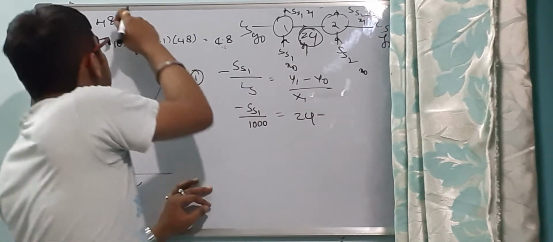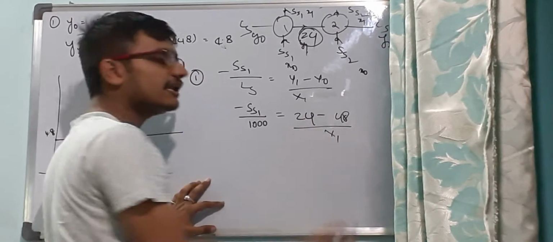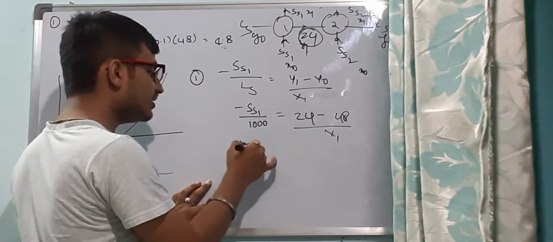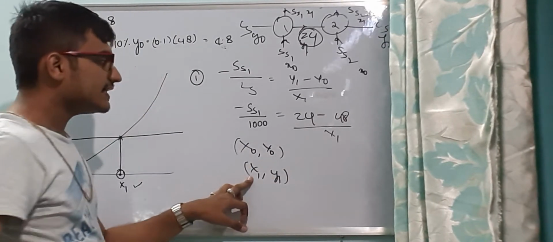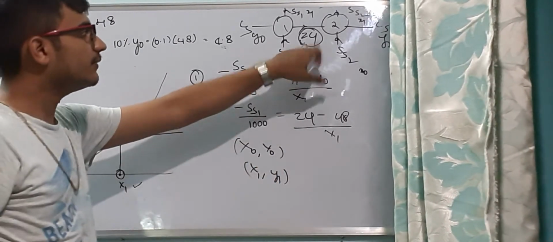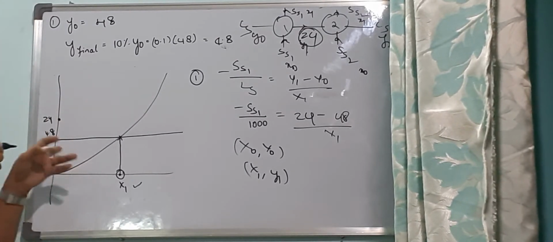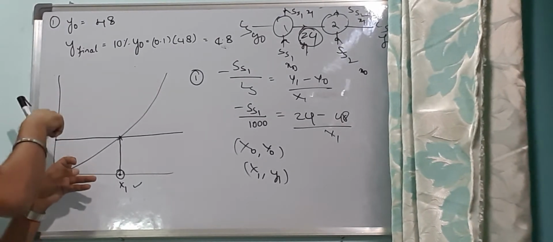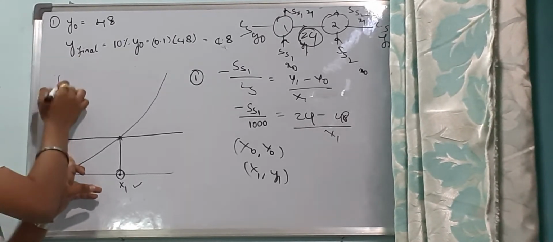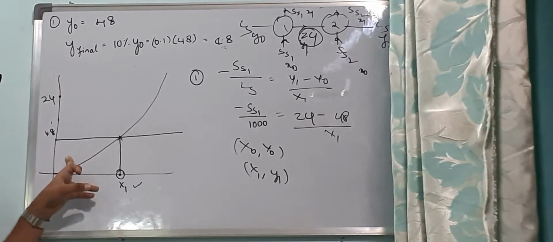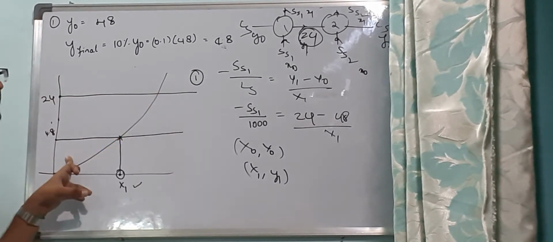Minus the initial concentration 48, by X1, which you don't know again. How will you calculate X1? The same procedure. What are the points? X0, Y0, X1, Y1. So X1, Y1 is 24 here. At 24 on the Y-axis, from the equilibrium curve that you have drawn, draw a straight line parallel to the X-axis as usual.